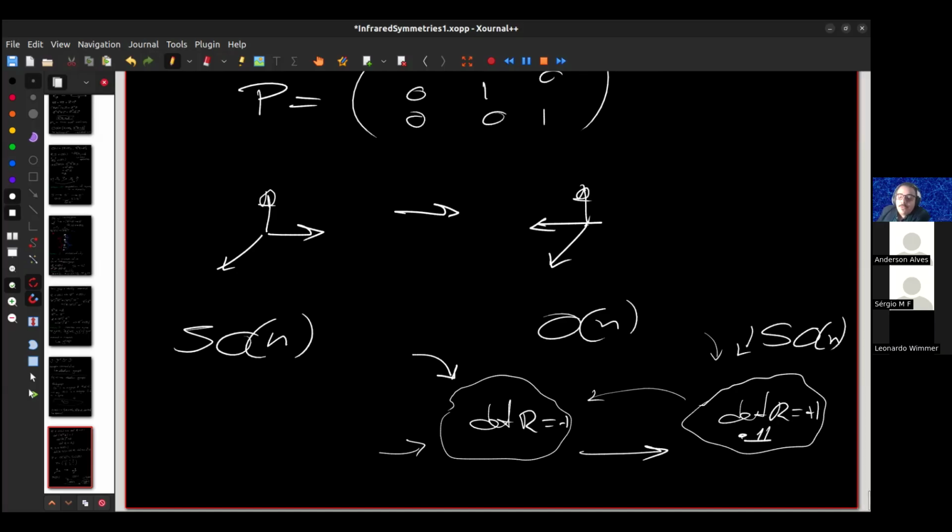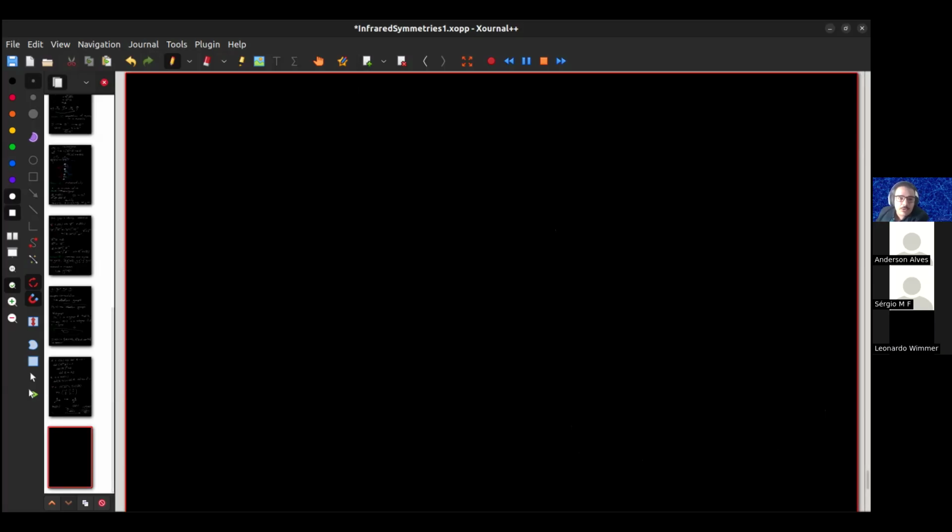How can I make rigorous this idea of continuous pieces of a group? To discuss that, I need to go into what we call a Lie group. A Lie group is something a bit more complicated. Now I'm going to use a word that is very common in relativity, but I don't know if all of you are familiar with it. I may use this word a few times.